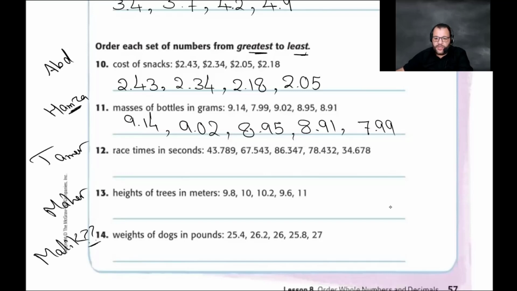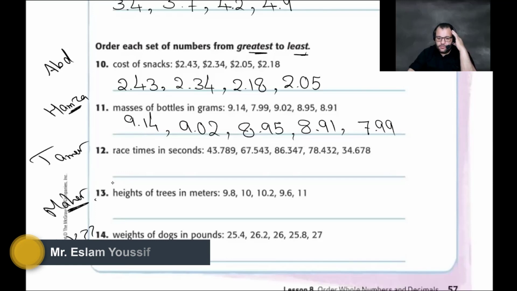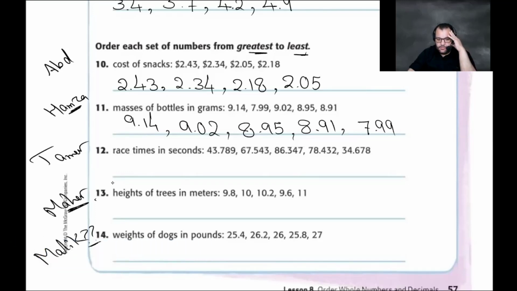So we need Muhammad Tamer. Where is Muhammad Tamer? Muhammad Tamer is not here. Maher, solve question number 13. Heights of the trees in meters: 9.8, 10, 10.2, 9.6, 11.